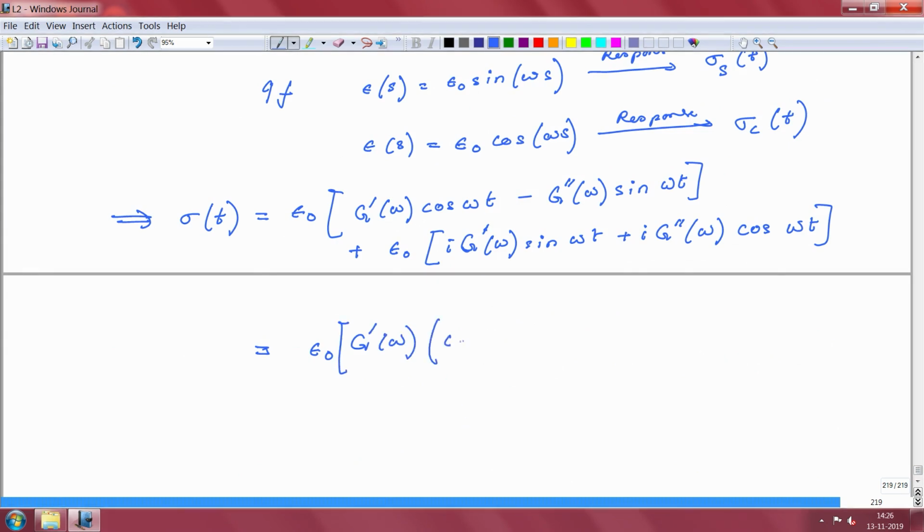So, if we combine the terms here, then we have cosine omega t plus i times sine of omega t. Right. Similarly, you have the g double dash term, which is now going to give me i times cosine omega t minus sine of omega t.